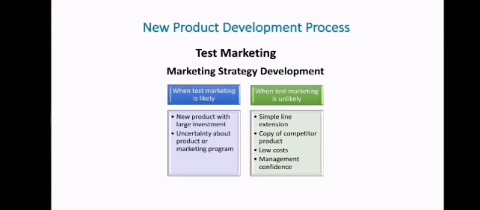The amount of test marketing needed varies with each new product. When introducing a new product requires a big investment, when the risks are high, or when management is not sure of the product or its marketing program, a company may do a lot of test marketing.